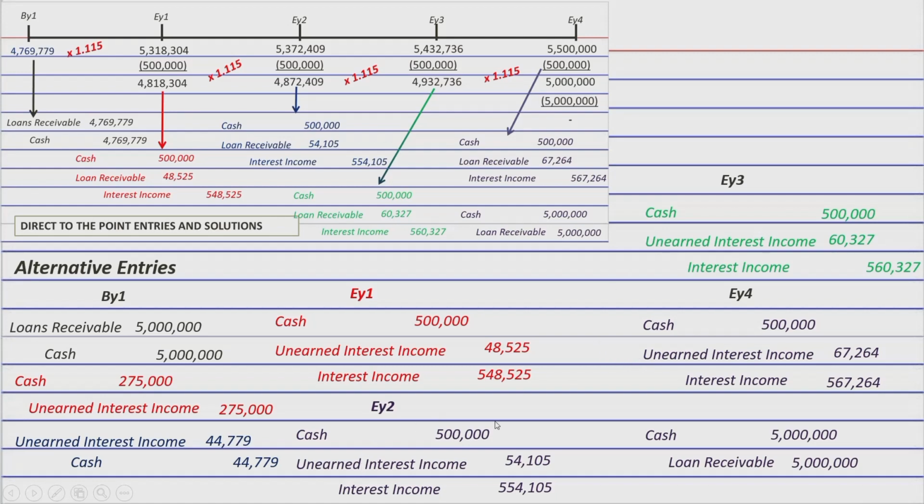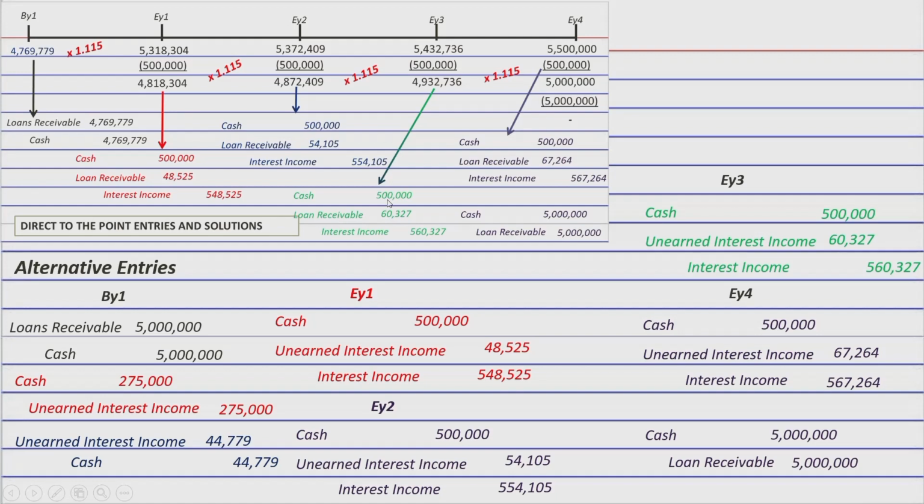It's as if in these alternative entries, the loans receivable account is just increased once, here at the beginning, and it's ultimately closed at the end of the maturity term, as if it was only used twice. Compared to here, in the direct to the point entries, the loans receivable account was used constantly.